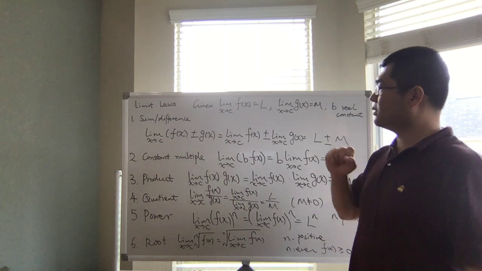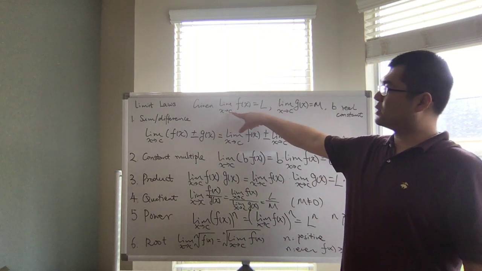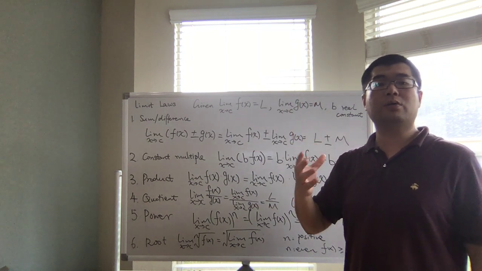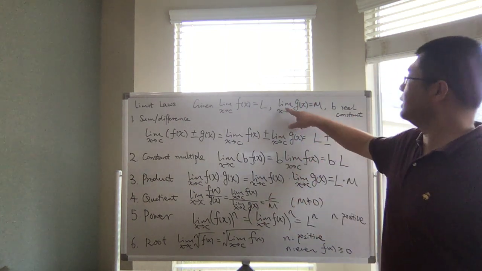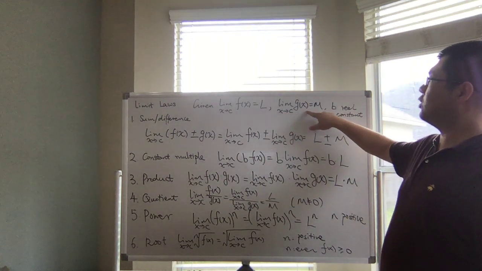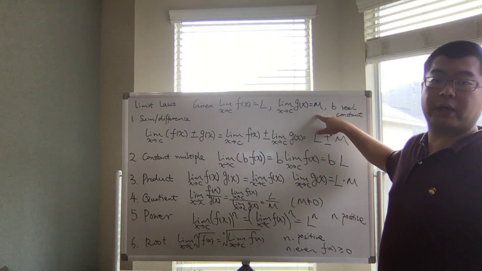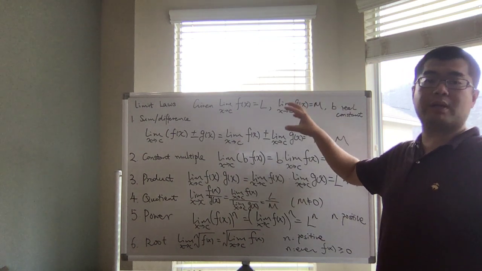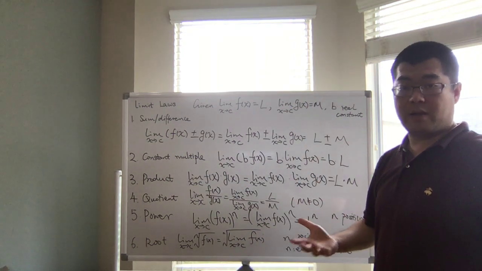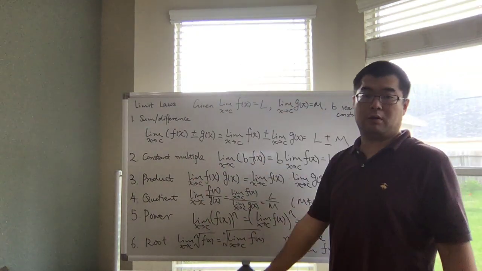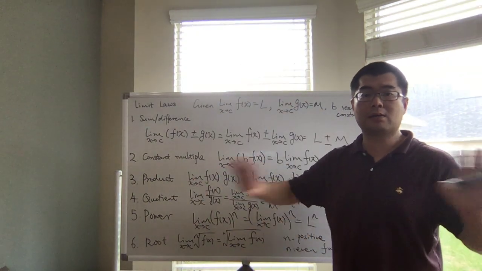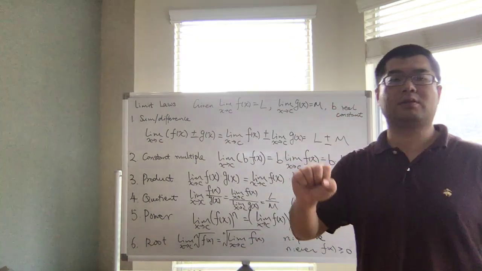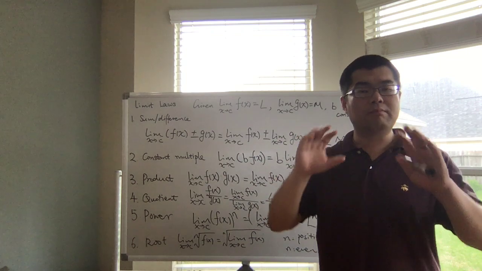The limit as x approaches c of f of x exists and equals capital L, and the limit as x approaches c of g of x equals capital M. You have to make sure that both of those limits exist. Then our limit laws are valid; otherwise nothing can be guaranteed. Make sure the limit of f of x and the limit of g of x both exist.